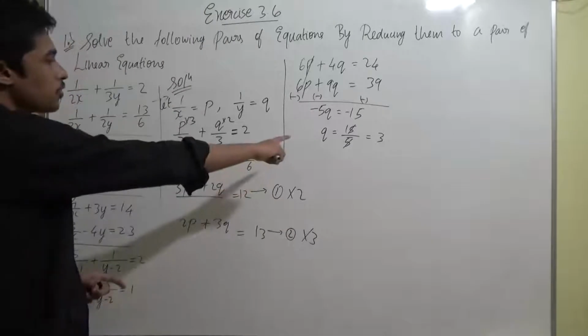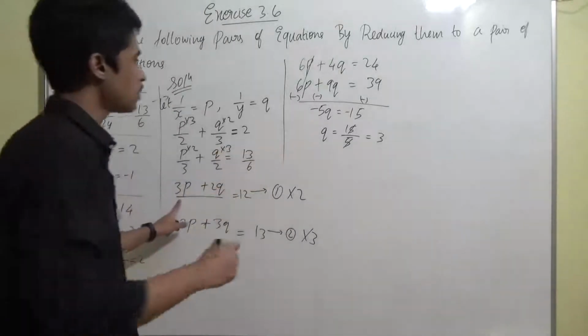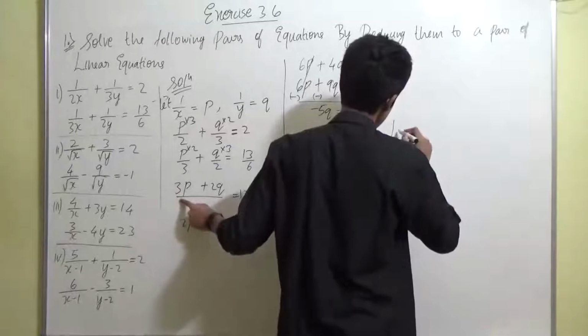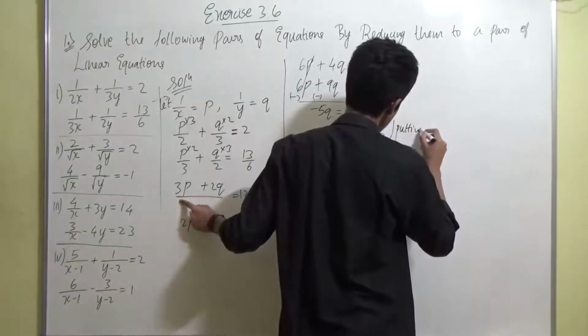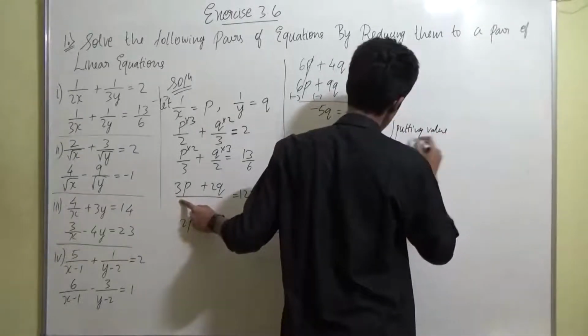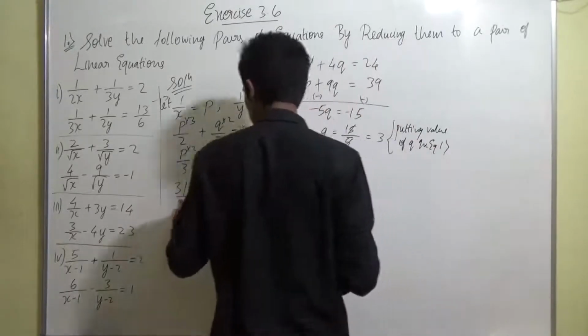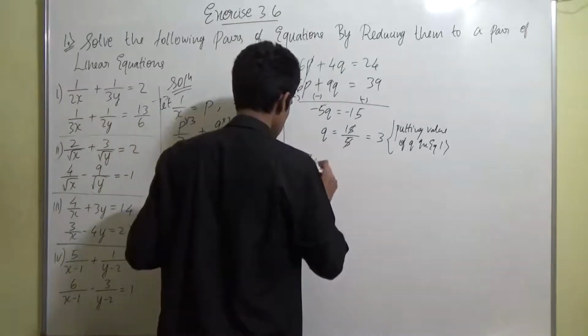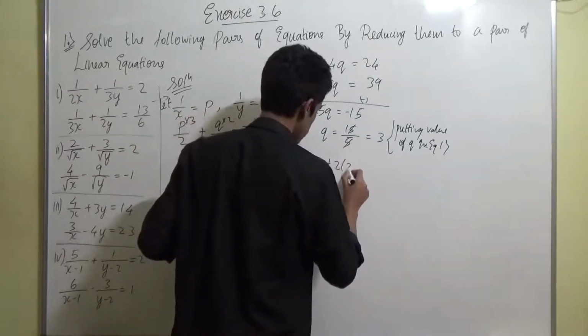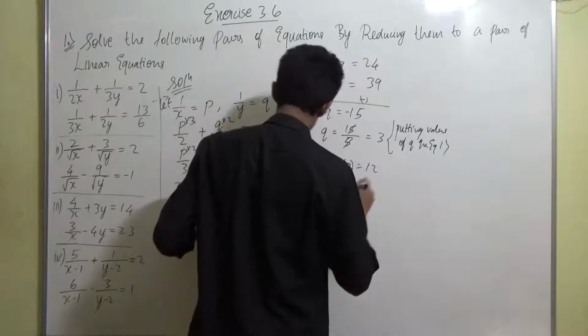If you put the value of q in equation 1, okay, so I'll write it here. Putting the value of q in equation 1, it will become like 3p plus 2 into q, that is 3 equal to 12, right?